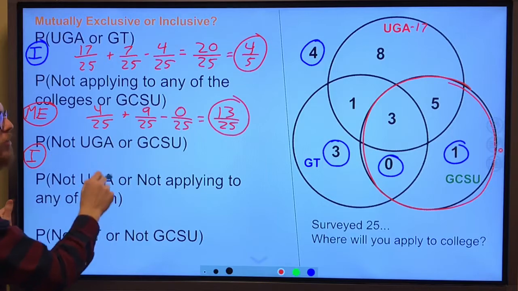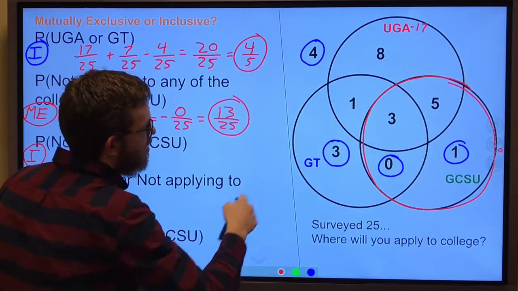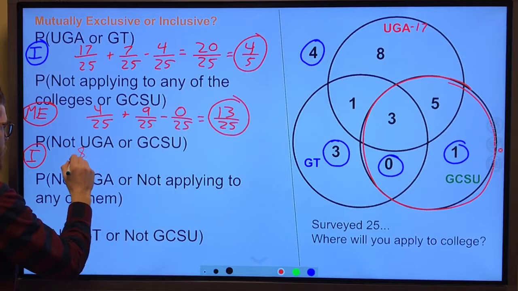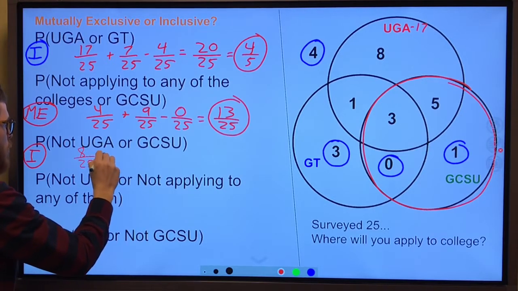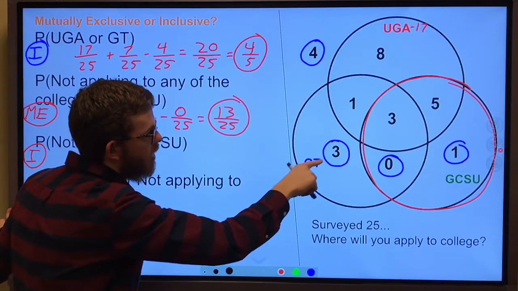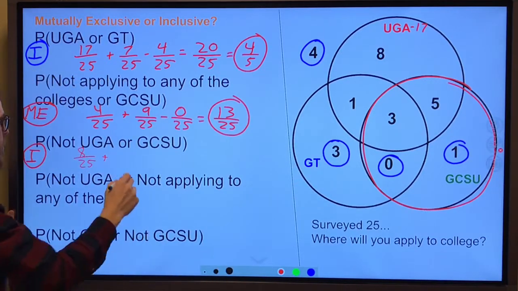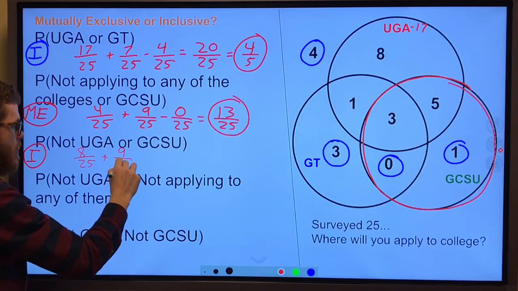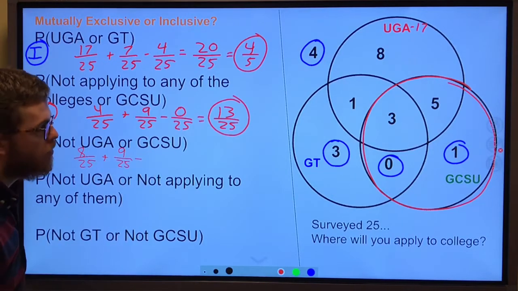You take the probability of a not UGA person, that's 8 out of 25. We add it to the GCSU bubble, 3, 5, 0, 1, that's 9. We subtract away the overlap.